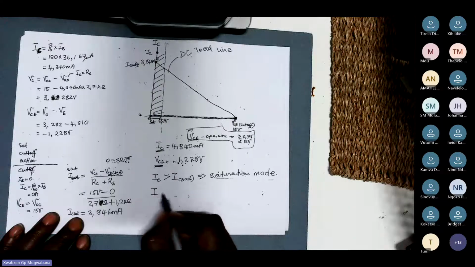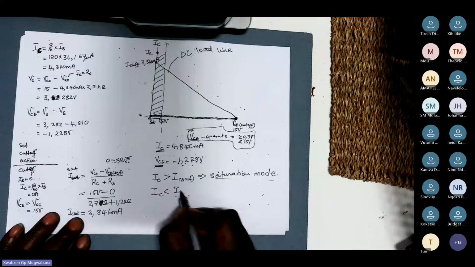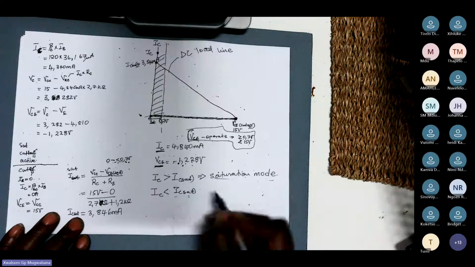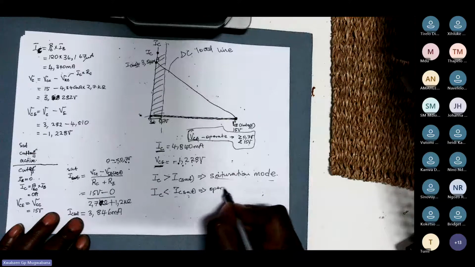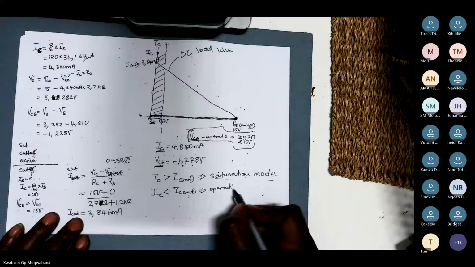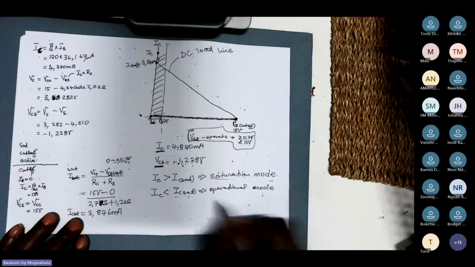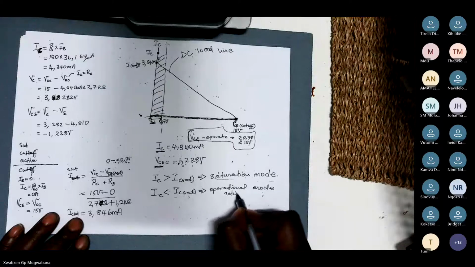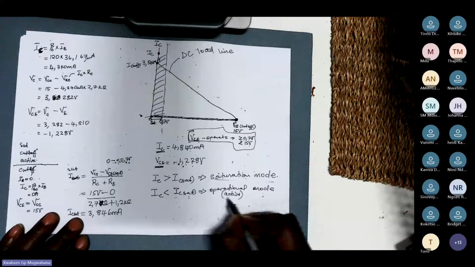The active region is when your IC is less than your I saturation, and that is when you have got the operational mode, which is your active mode.